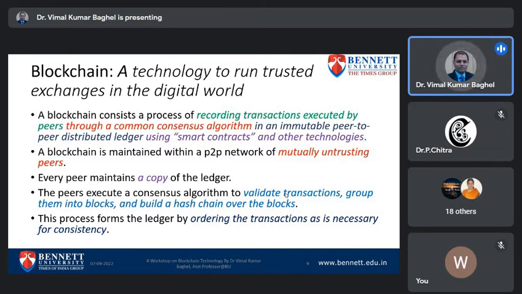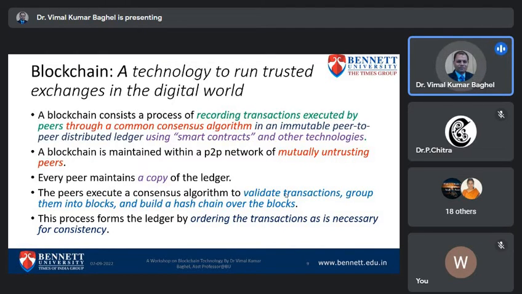There are separate hash algorithms, for example, secure hash algorithm SHA-512, or maybe the Keccak-256 hash algorithm. These hash algorithms are used to make the blockchain secure, and every block is connected with the previous block with the help of that hash. This process forms the ledger by ordering the transactions as necessary for consistency.